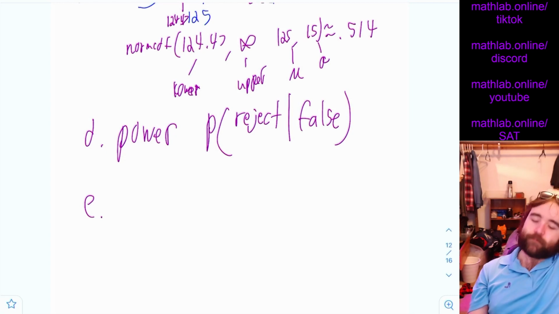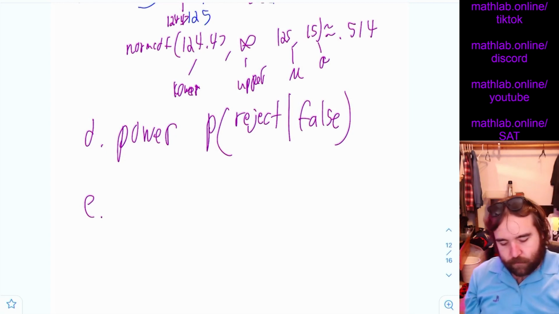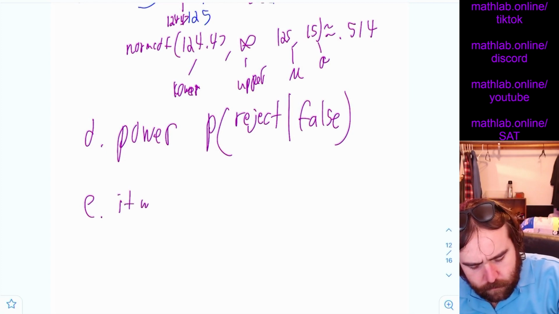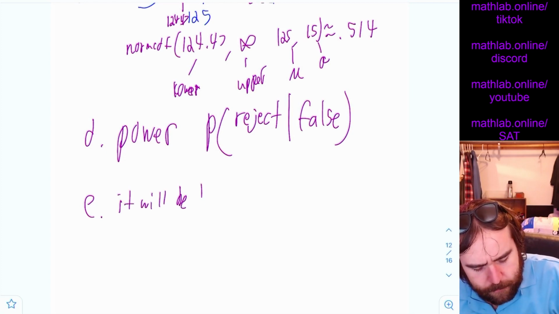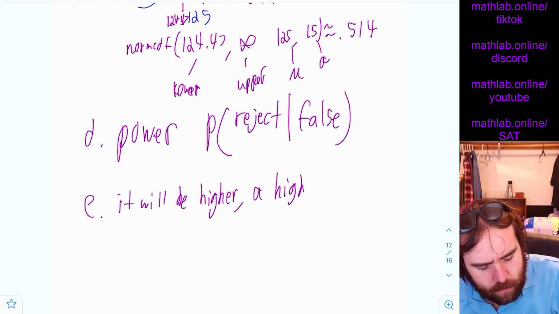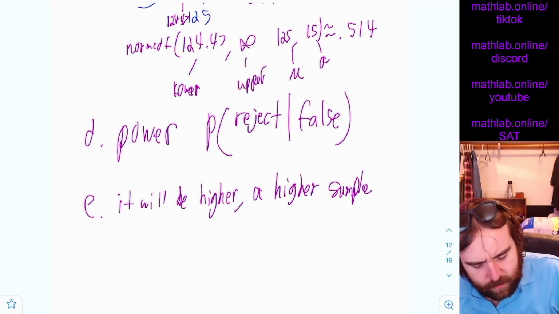Can we just say a higher sample size raises the power? A higher sample size means higher power.